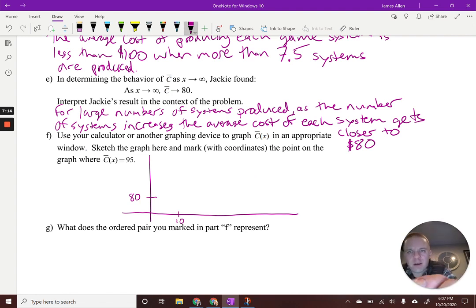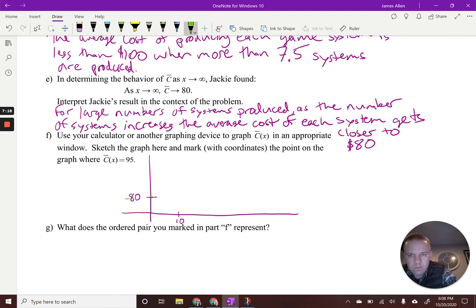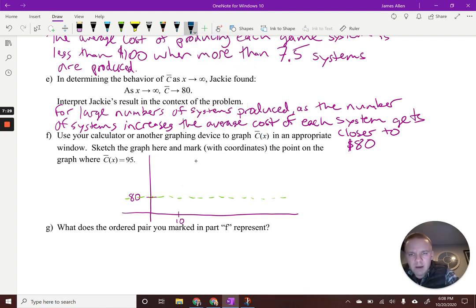So we got our graph coming along here. I'm going to jot down my asymptote. Lovely. And then my graph, why don't we go with the graph? I'm going to change up colors. I'm going to go with a little dark blue. I think dark blue would look lovely here. So I've got something like this. There we go. And at this point, we have 10, 95.